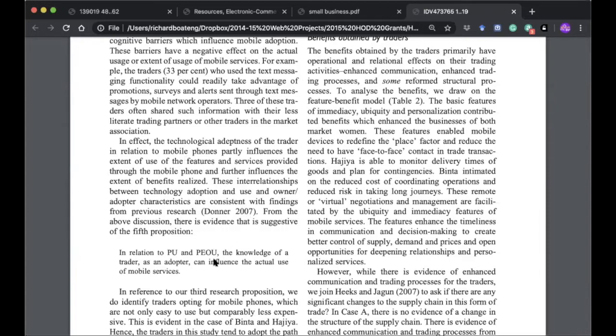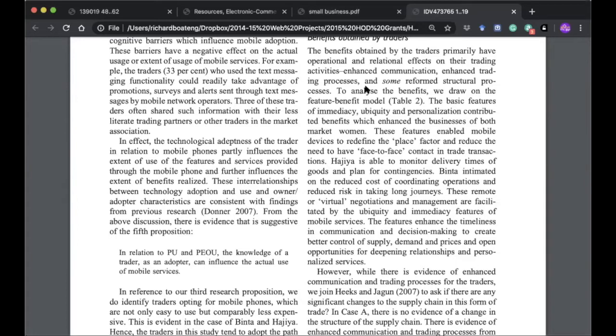So now I've been able to find evidence, validity, or something that can lend some level of support to this particular proposition that you mentioned earlier. So that's what the author tried to do in this particular scenario.